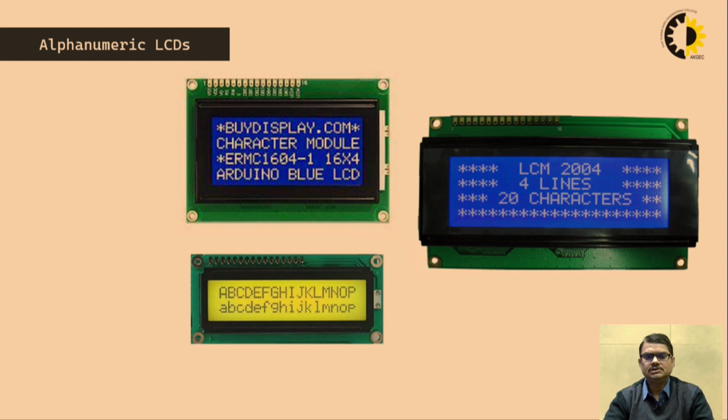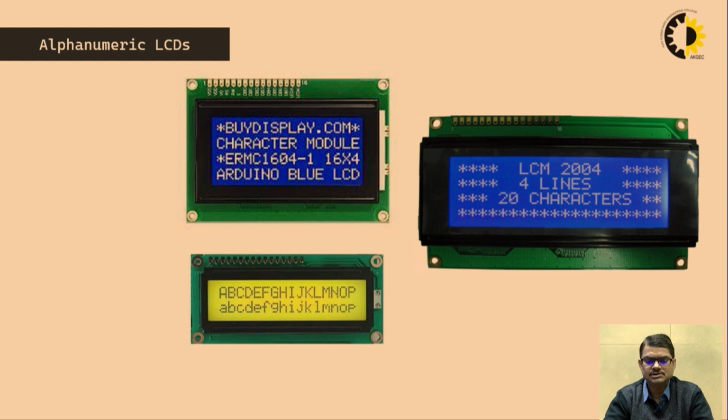I mean that if I am buying any LCD from the market, it comes with a controller which is already available on the LCD panel. This controller is responsible for refreshing the content that is being displayed on the LCD display.